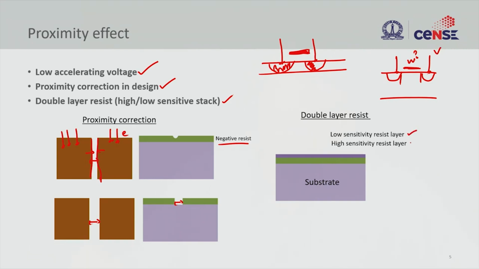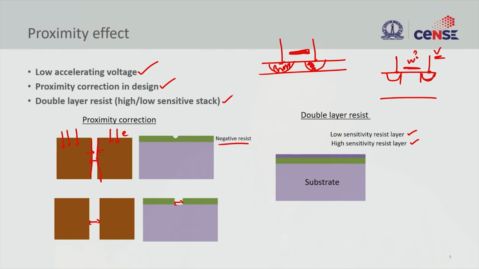In more sophisticated cases you can use a bilayer resist, a low sensitive and a high sensitive resist, because the whole idea of changing this voltage is to reduce this.